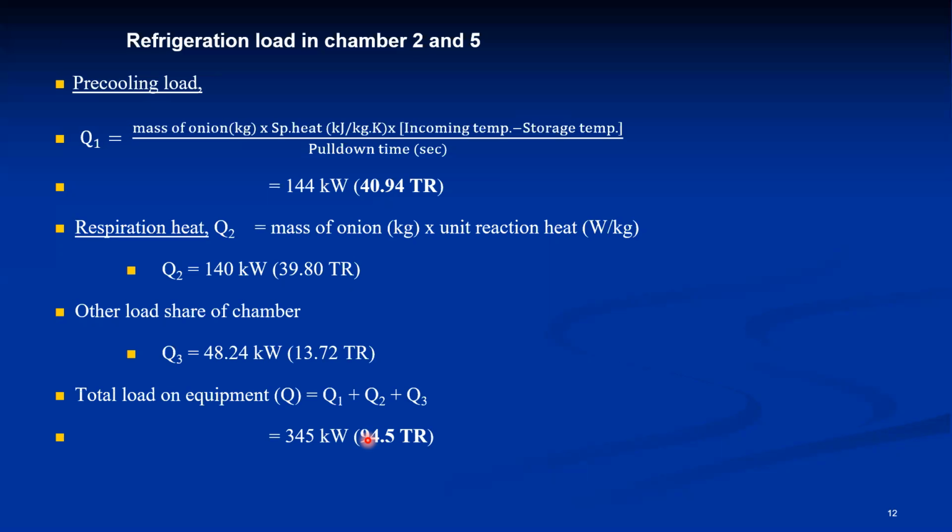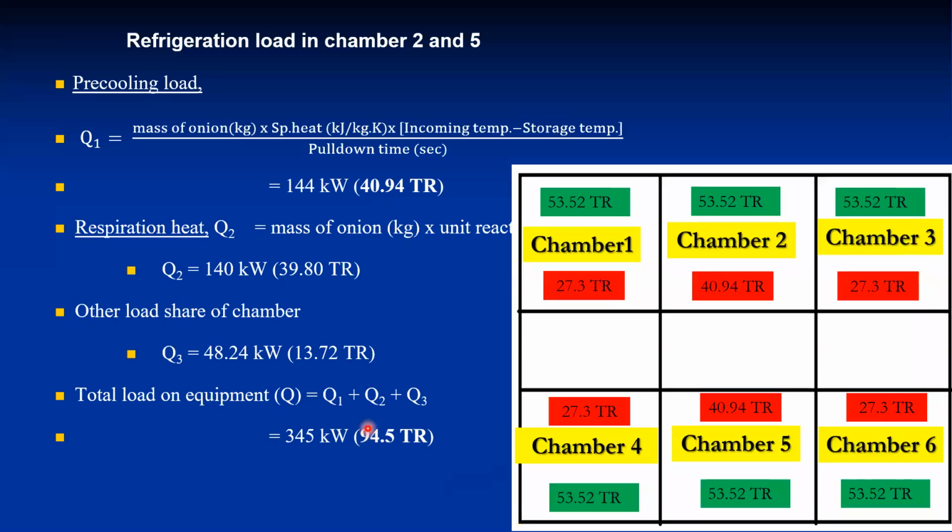So 15 TR more load is there for chambers 2 and 5. Closely 40.94 TR is the pre-cooling, and 53.52 is the same for chambers 2 and 5. So this is the refrigeration load for chambers 2 and 5. Before selection of evaporators, we have first calculated the refrigeration load of each chamber.